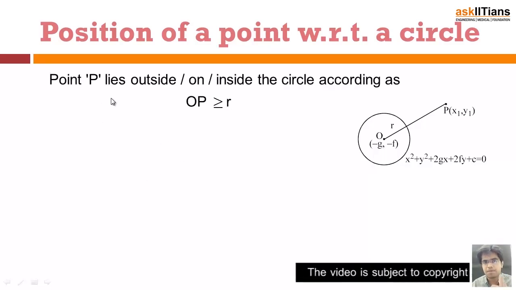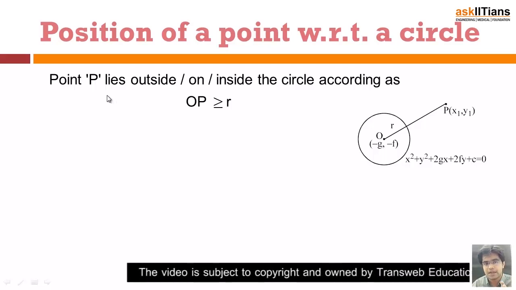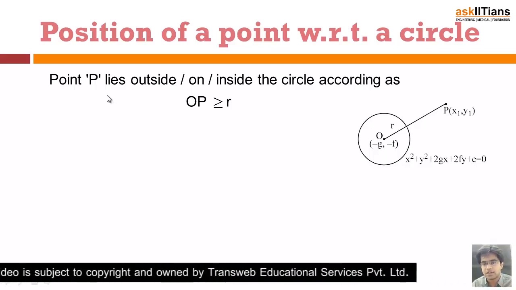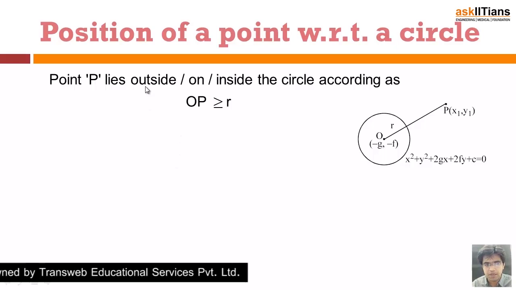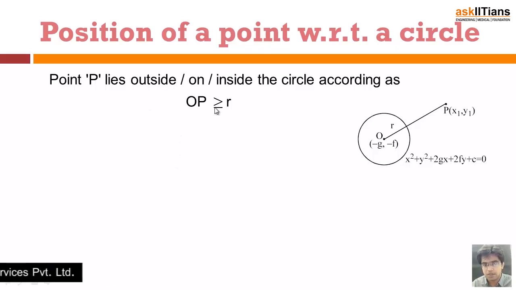Now let's say that the point P lies outside, on or inside the circle. If the point P is outside the circle, then OP, that is the distance between this point O and this point P, will be greater than R. Now what is this OP?